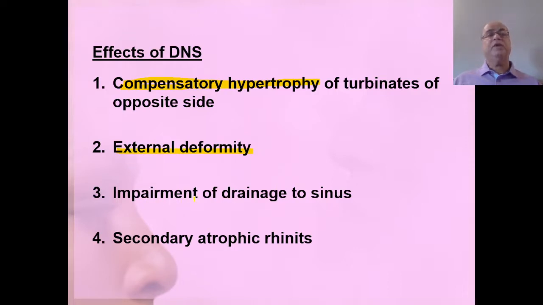There can be impairment of the drainage of the sinuses because of inequality in the lumen of the nasal cavity, and we know that the paranasal sinuses open in the meatus, and then there can be secondary atrophic rhinitis due to excessive crusting and dryness.